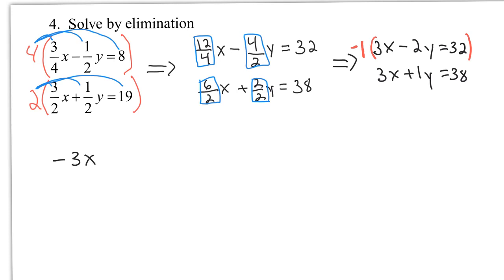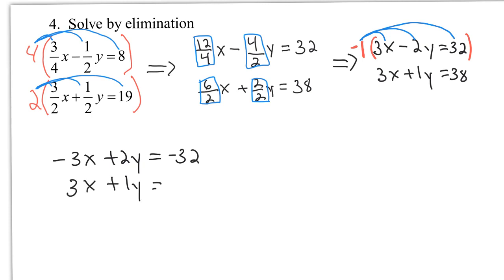Remember that we are multiplying. You distribute the -1, so we have a negative 3x plus 2y, a negative times a negative is a positive, and negative 32. The bottom stays the same, 3x plus 1y, and we have a 38. I'm going to put the line.